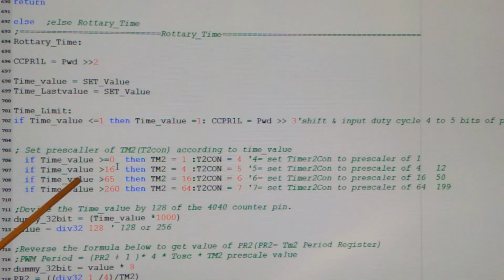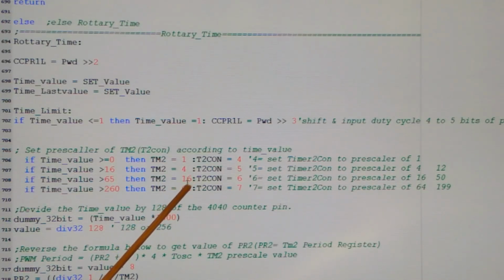So then I've set, if the time value is larger than 16, let's say 16 milliseconds, you change the prescaler to the next one, 16. If it's bigger than 65, you change it to 64.